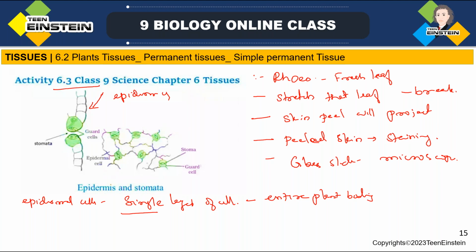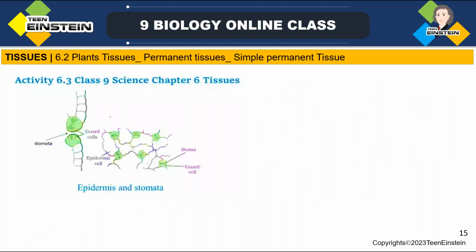So this epidermis is protecting all the plant parts. Epidermal cells on the aerial part, the epidermis, is the outermost layer of cells.